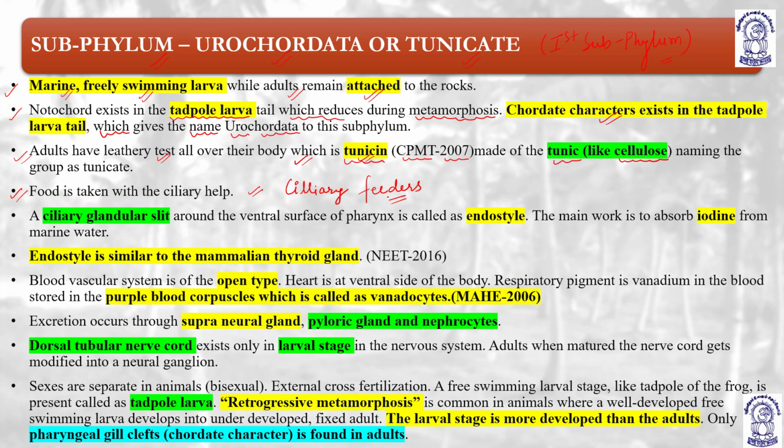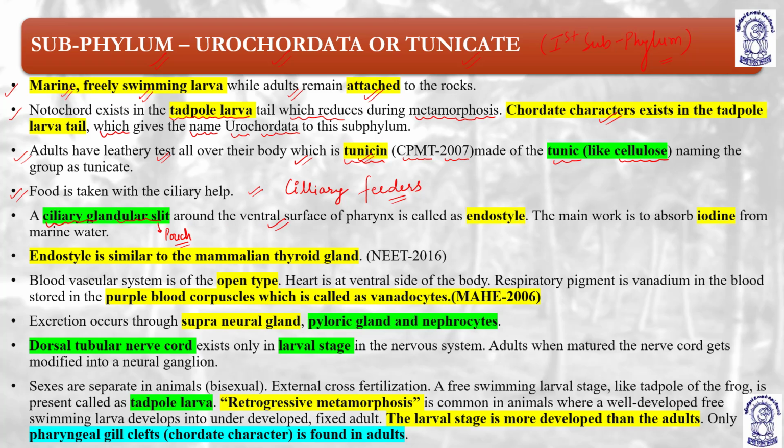So they basically are ciliary feeders. A glandular slit, a glandular pouch is present, which has cilia.